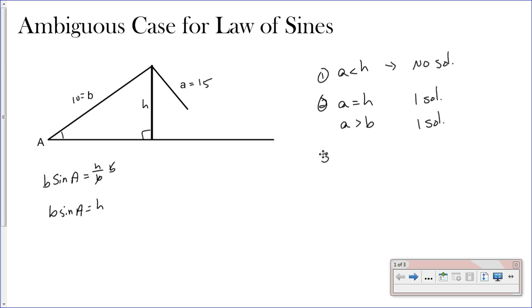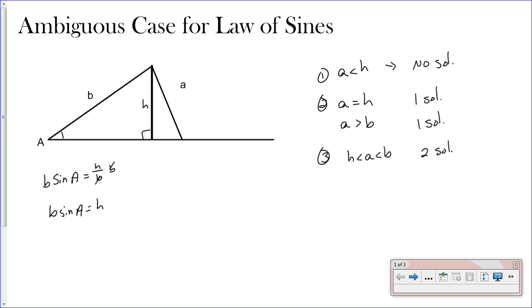Now, case number 3, or 4 really, because there's 2 for case 2. If a is less than side b, but greater than the height of the triangle, you are actually going to be able to make 2 triangles. So you're going to have 2 solutions. Here's why. So a is physically shorter than b, like we have here.